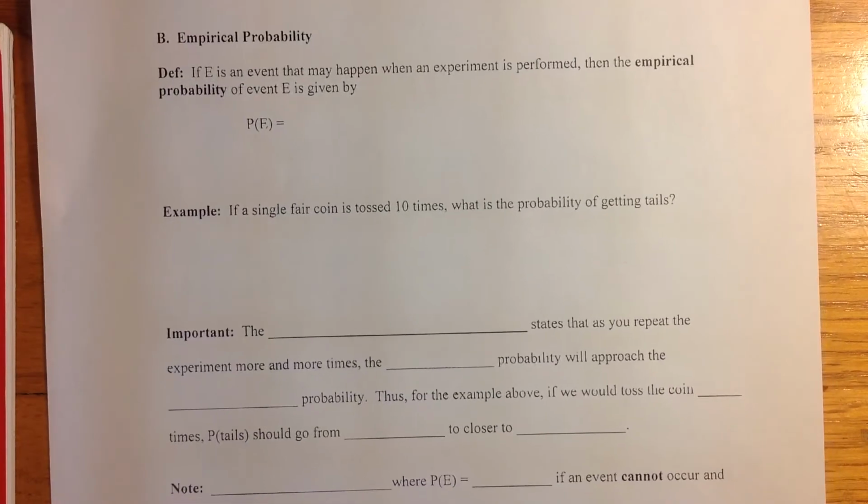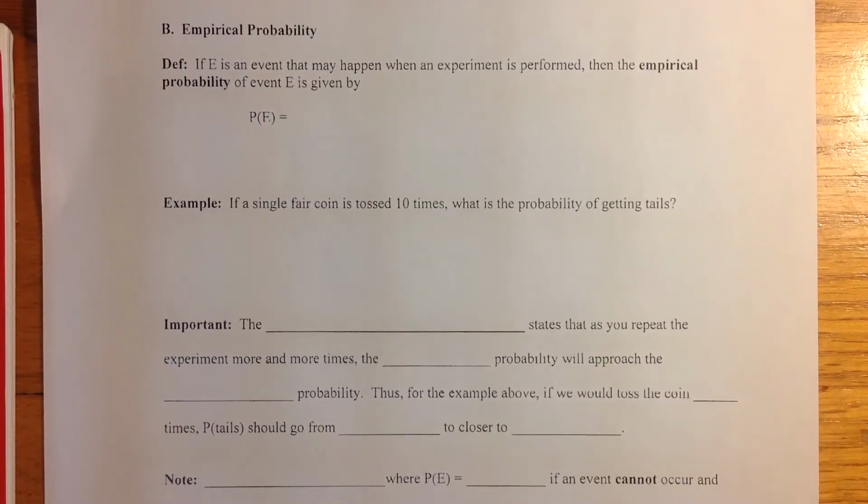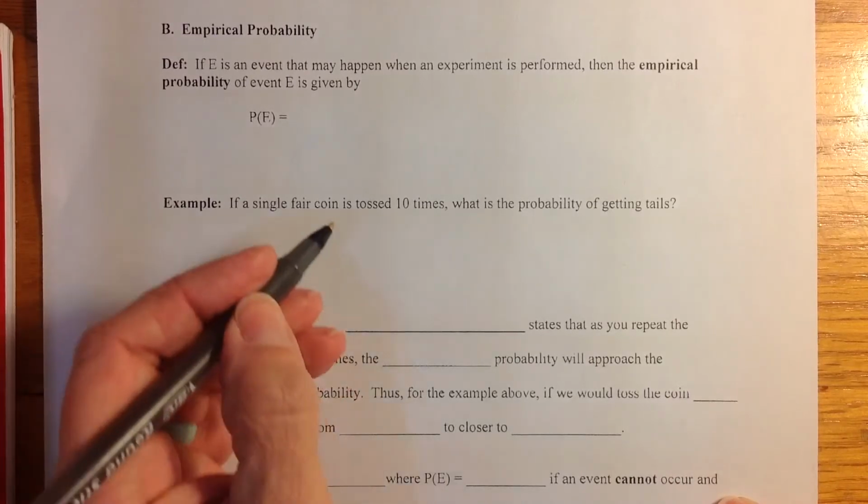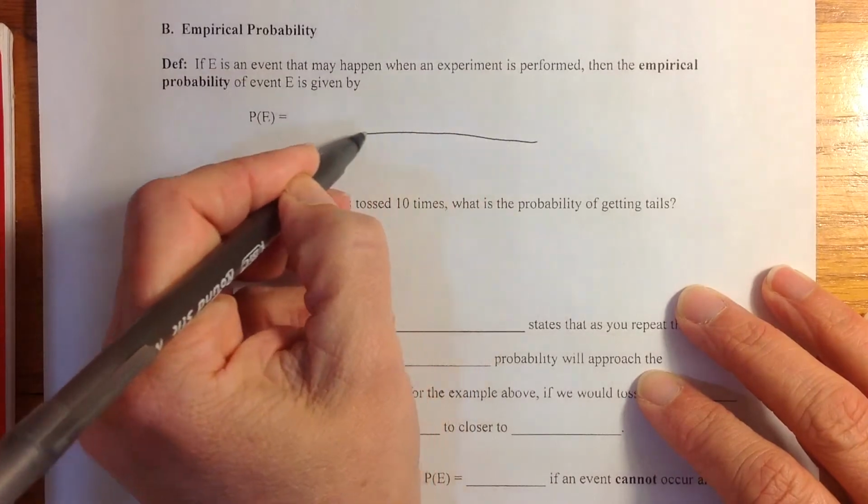Right? The second way to talk about probability is empirical probability. So this is actually physically running the experiment. So it's still found by a fraction.